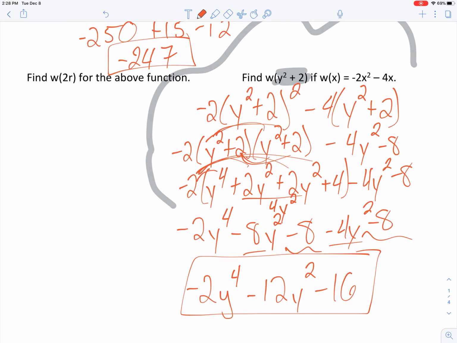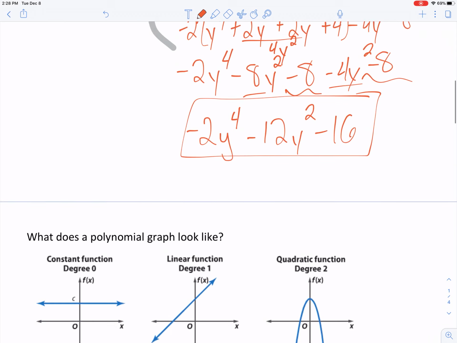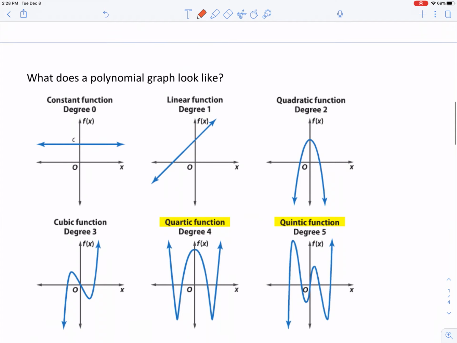Okay, like that. So then the next piece, I can tell you just by the exponents what a graph is going to look like. So check this out. If a function has a degree of 0, it's just a flat horizontal line. If it has a degree of 1, for example, I'm going to write you some example functions as we do this.